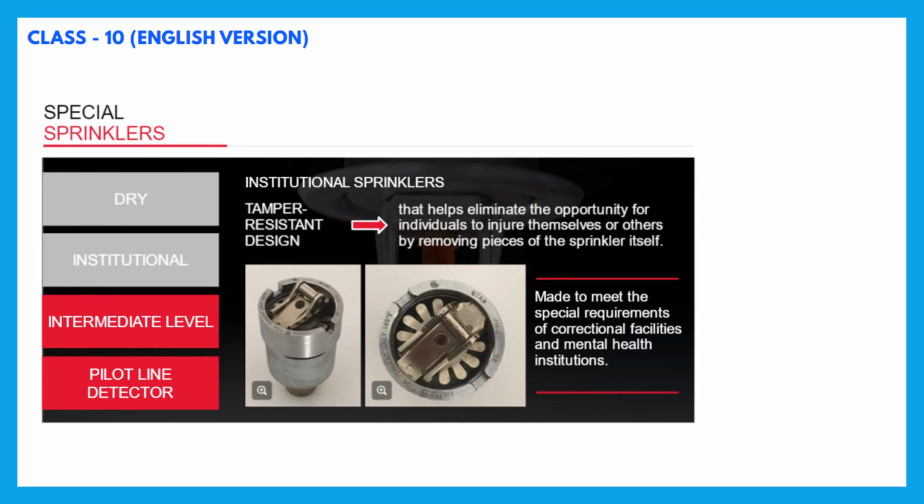Let's have a look at institutional sprinklers. These are special sprinklers called tamper resistant sprinklers. These are made to meet the special requirements of correctional facilities and mental health institutions. Basically, these are installed in jails, and these sprinklers help eliminate the opportunity for individuals to injure themselves or others by removing pieces of the sprinklers.